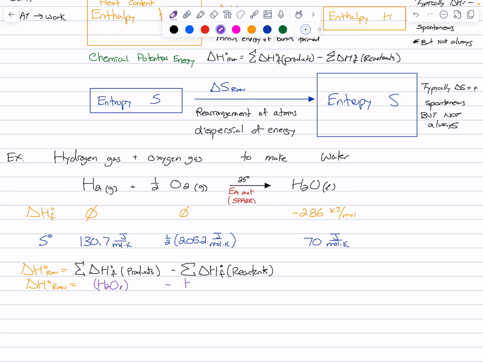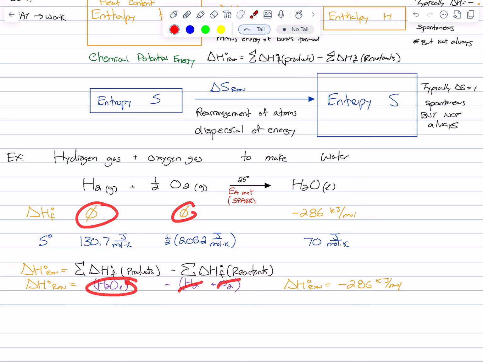The reactants are H2 and O2. Pretty straightforward. Delta H of the reaction equals negative 286 kilojoules per mole minus 0, because the reactants are 0 and 0. So it's just the H2O value.